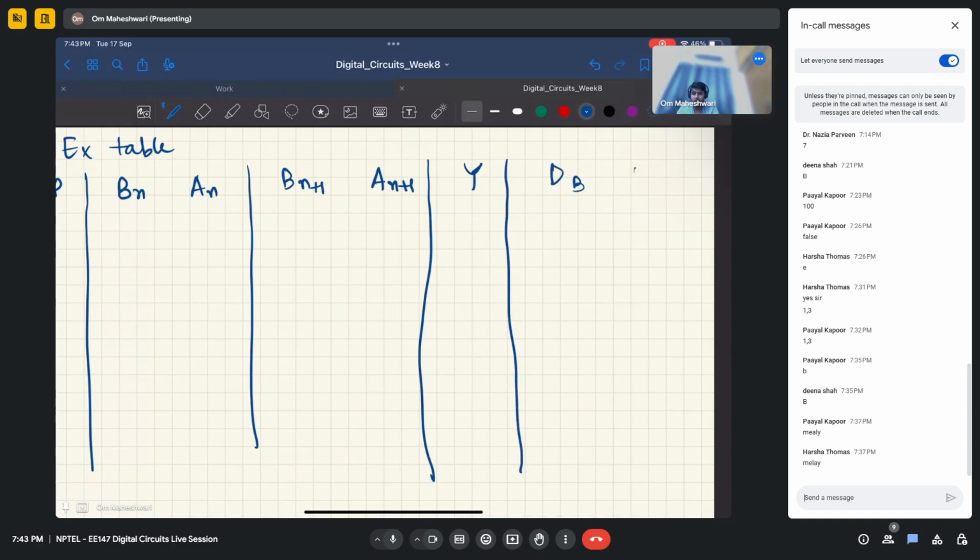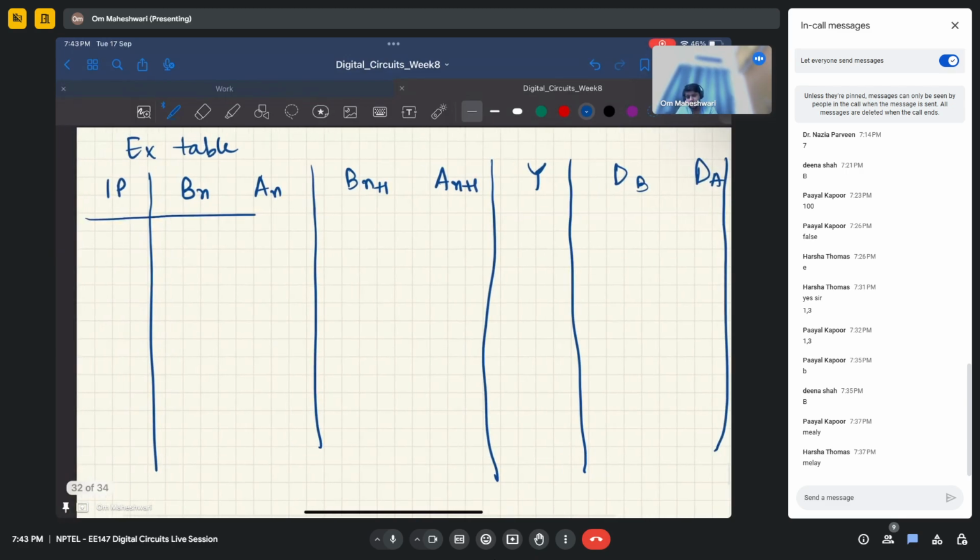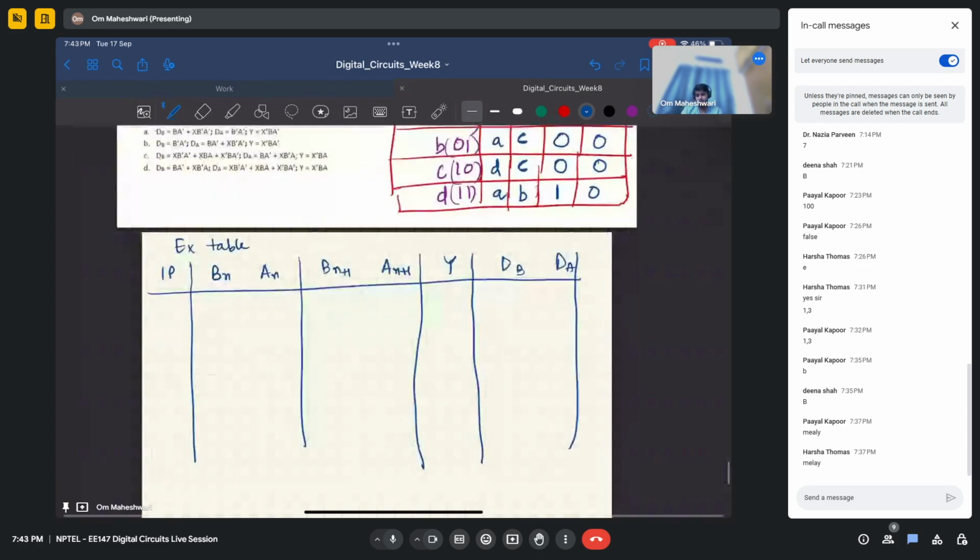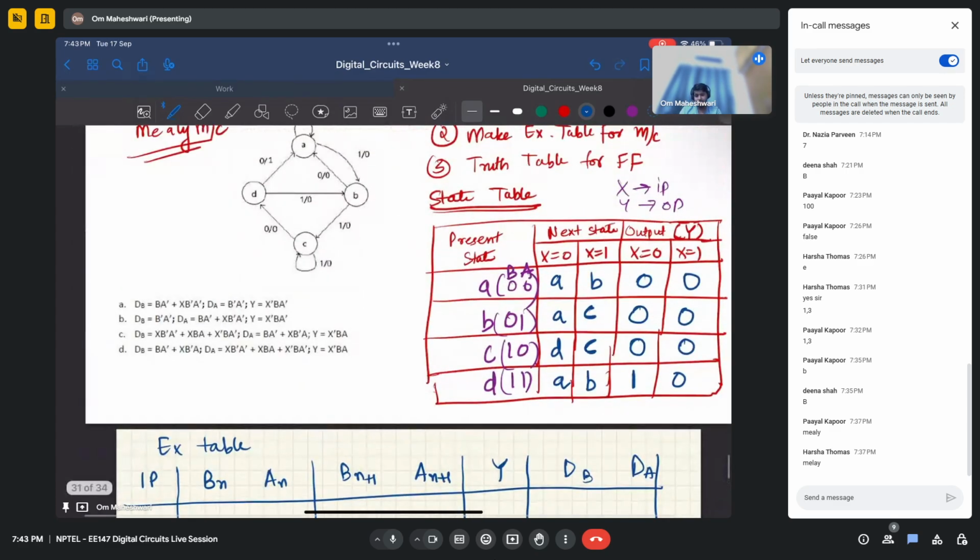DB and DA. Okay, so let's start one by one. Again, these Bn and An are nothing but these states A, B, C, D. So if I write B and A also: A is 00, B is 01, C is 10, D is 11, right?